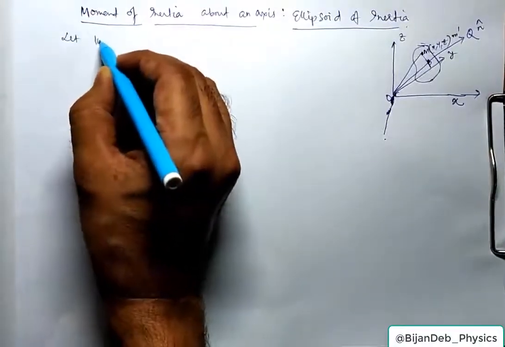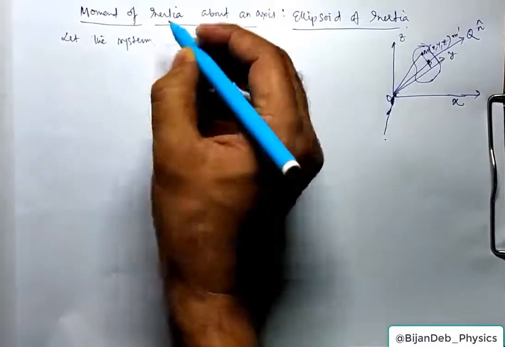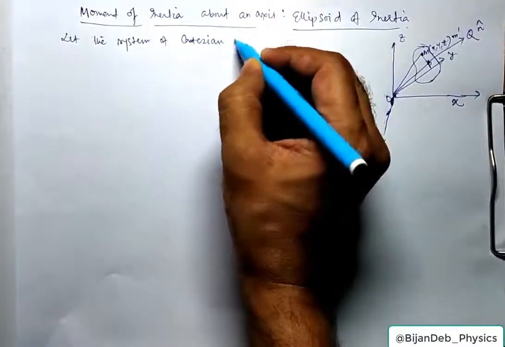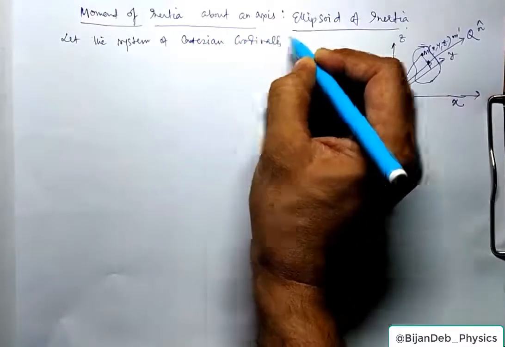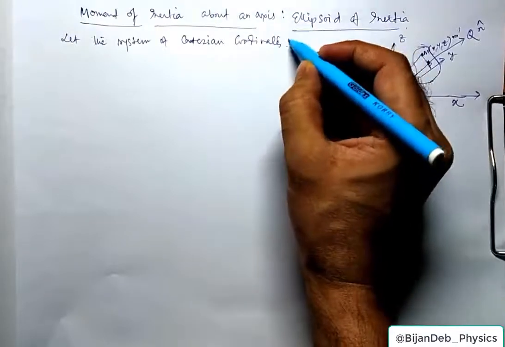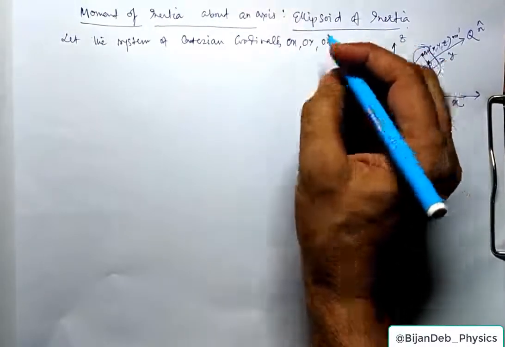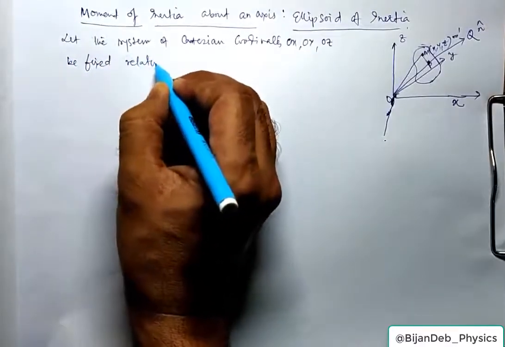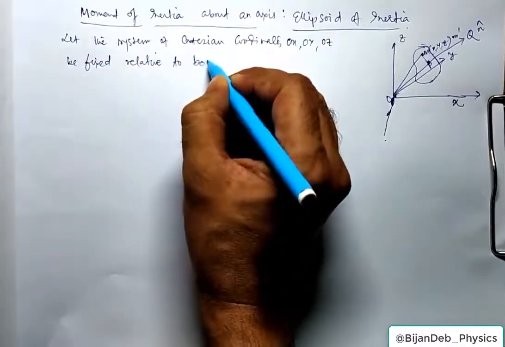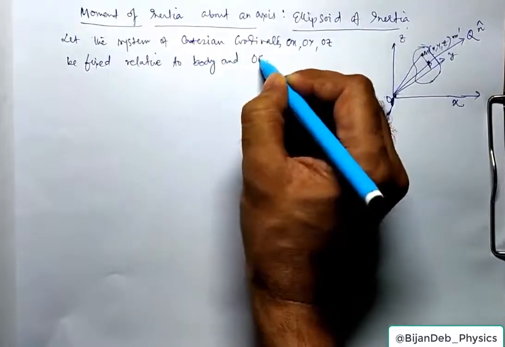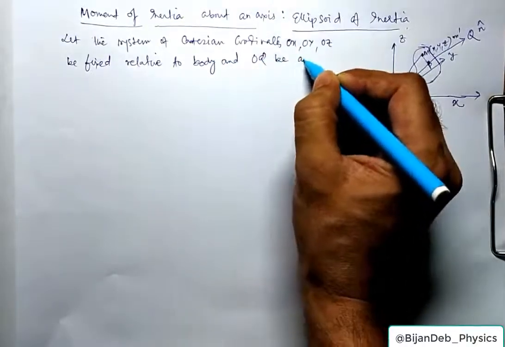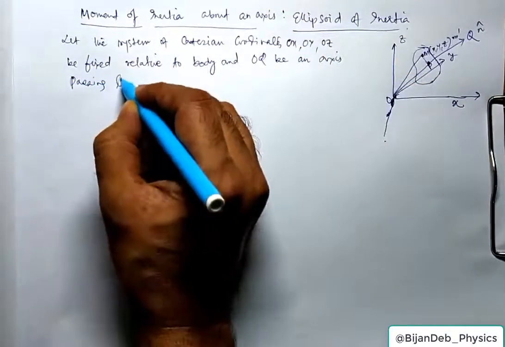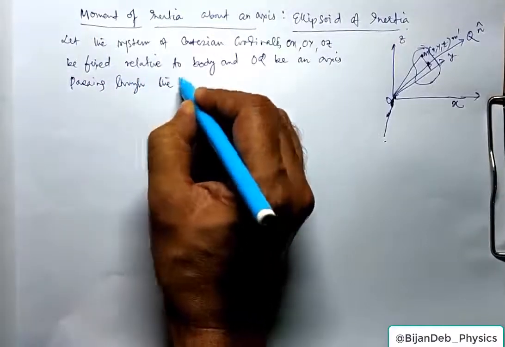So let the system of Cartesian coordinates Ox, Oy, Oz be fixed relative to the body, and OQ be an axis passing through the body.